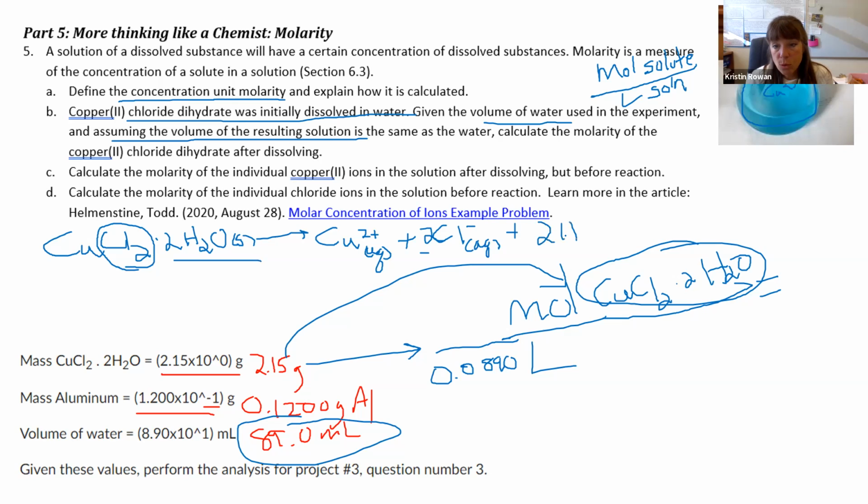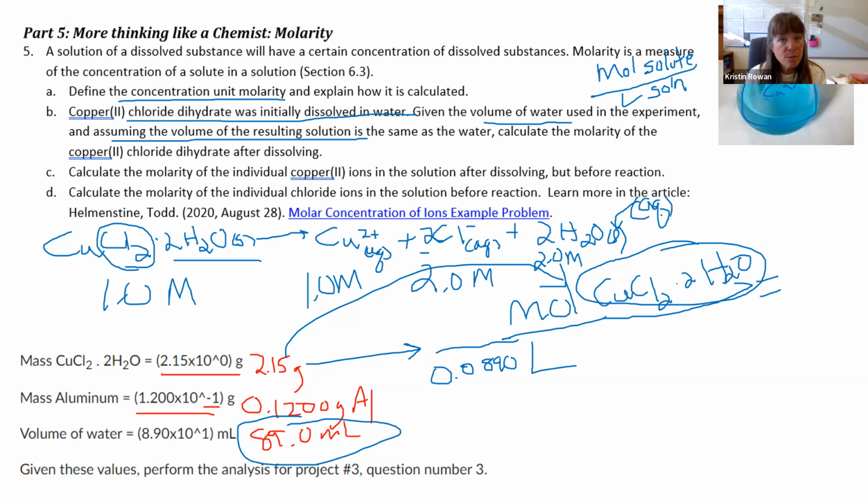You could say, well, yeah, they swam away with the other waters, and they have a liquid label. So now if I had a 1.0 molar solution of this stuff, that's going to create 1.0 molar copper ions in solution, but it's going to create 2.0 molar chloride ions in solution. And if we wanted to play that game, it's going to create 2.0 molar of the released waters, which, if you want to play that game, this would be aqueous waters, which is kind of silly, but at the same time, it's not.